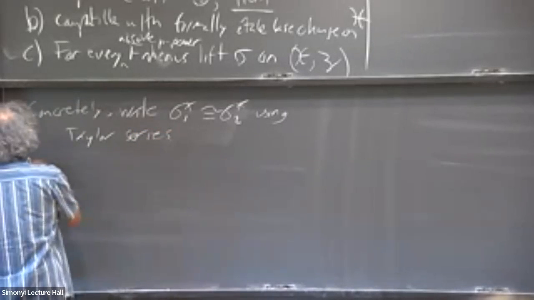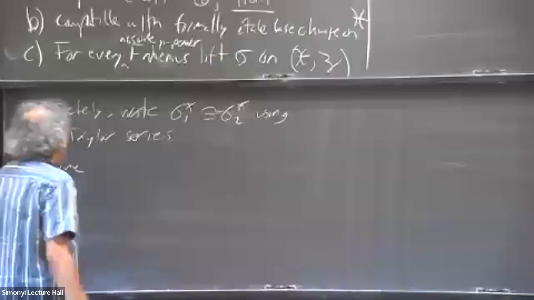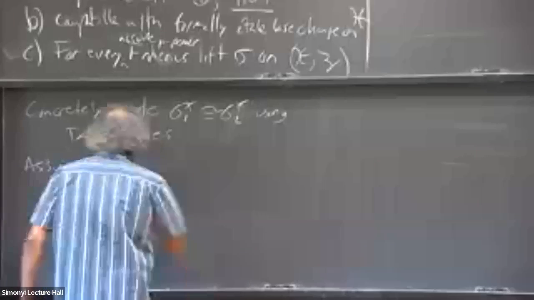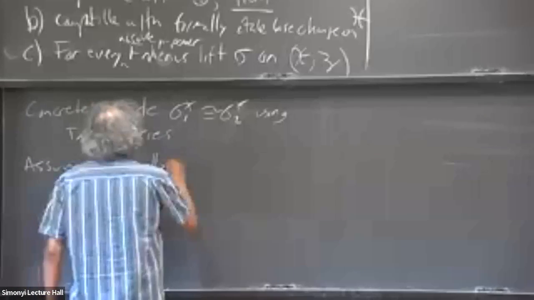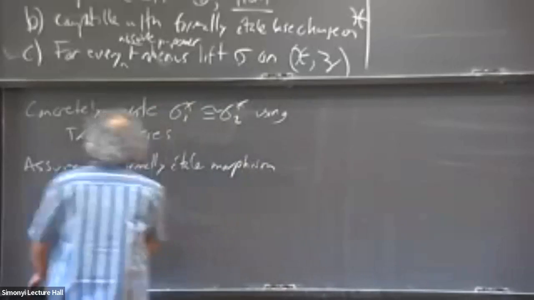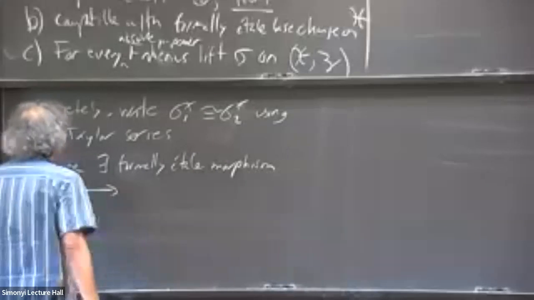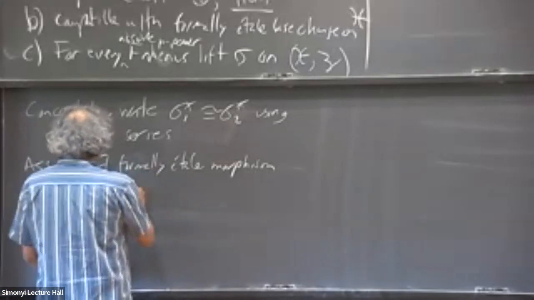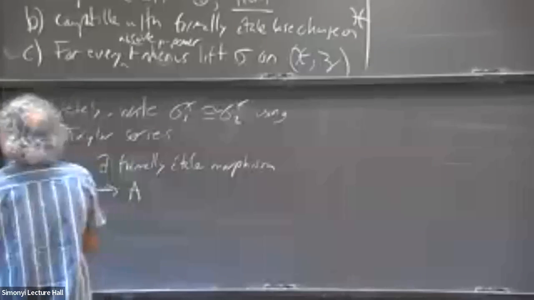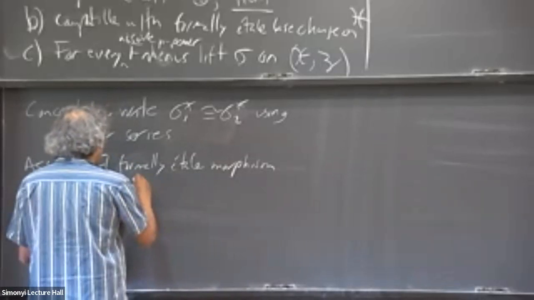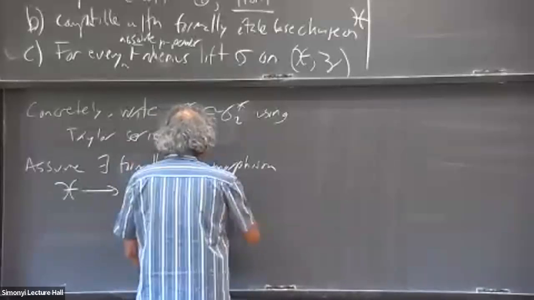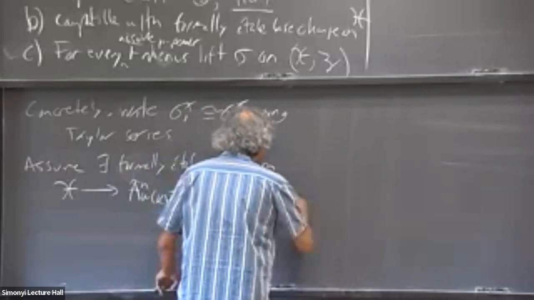So let's assume I have some formal automorphism, complete, from X to formal affine space, with some coordinates x1 through xn.